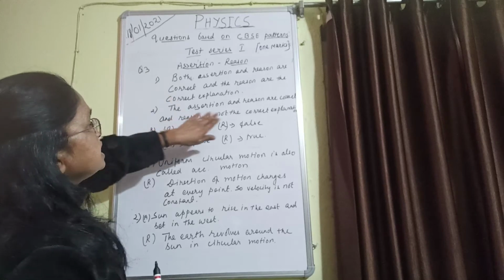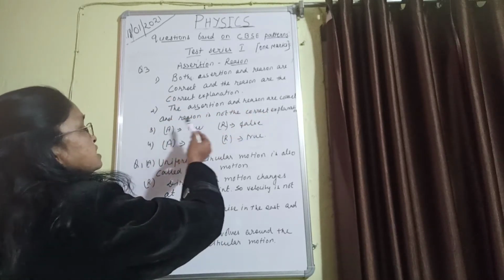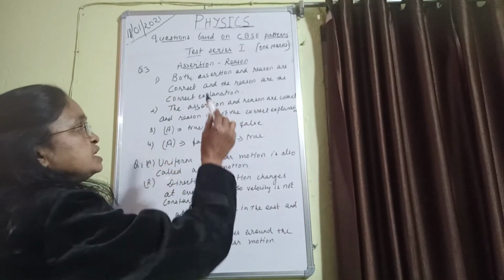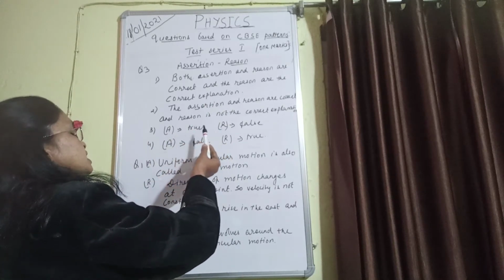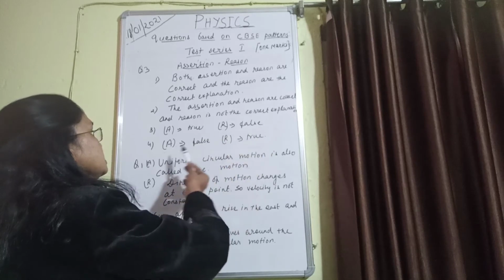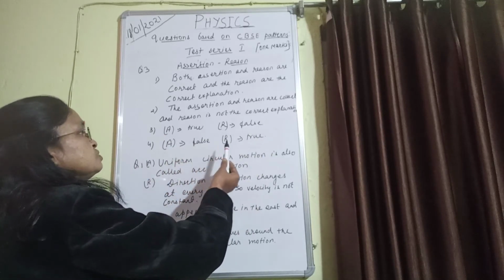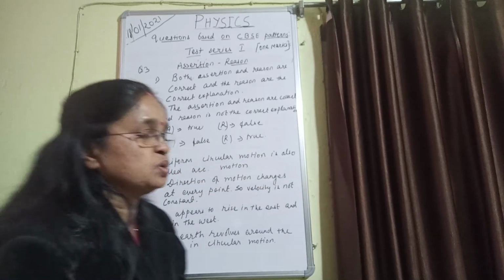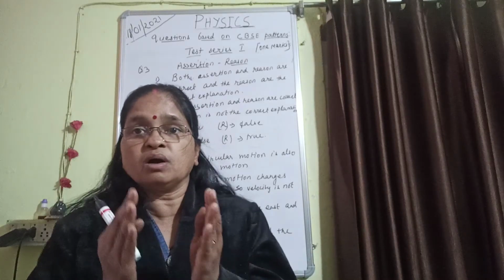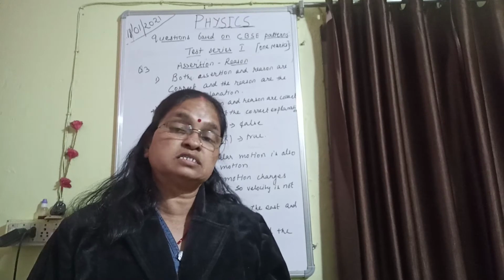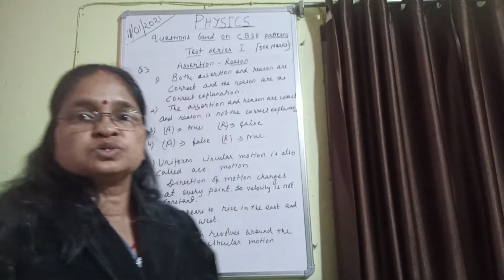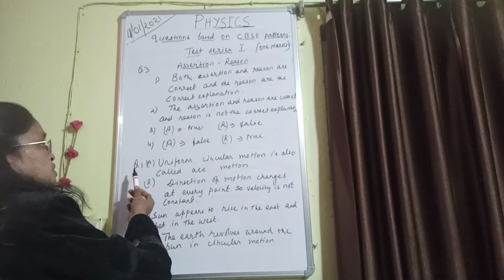Second, assertion and reason are correct and the reason is not the correct explanation of assertion. Third, assertion is true and the reason is false, and fourth, assertion is false and the reason is true. Assertion means a very strong concept about anything that is given, that means that statement is right. So let's see the first question.